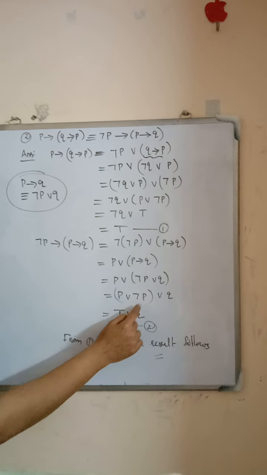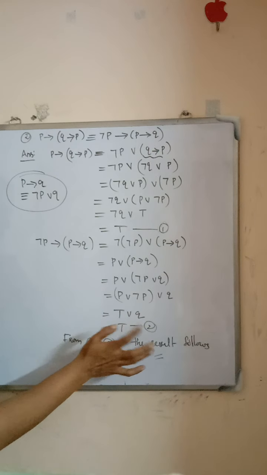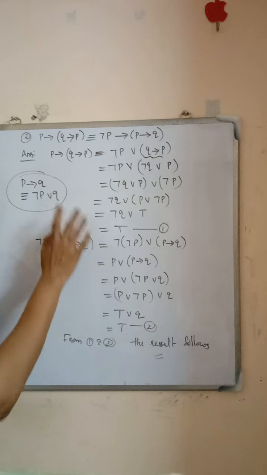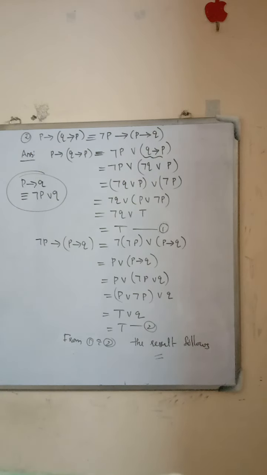So, P or negation P is always true. True or Q is always true. So, from equations 1 and 2, left side equals right side. So, the result follows.